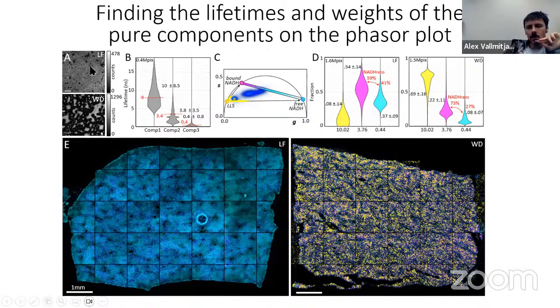These are images of livers of mice with completely different fat content. We reproduced previously known data that fat introduces a long lifetime species, which our method was capable of detecting and pinpointing. And we showed that you could use the same method to remove this long lifetime, and then go back and compute the ratio between the other components present in the sample.